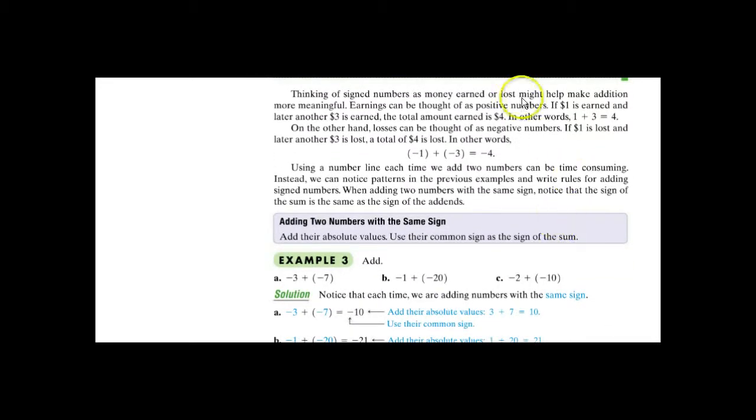So here they're giving us a little word problem: if we lose money, whether it's in the stock market or wherever, we can think of it as a negative, and then we lose some more. Again, that's negative. Well, then our negative amount is larger.